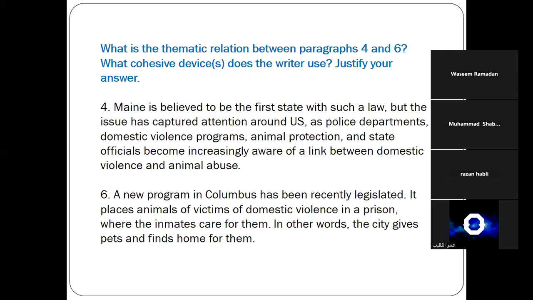A new program in Columbus has been recently legislated. It places animals of victims of domestic violence in a prison, where the inmates care for them. In other words, the city gives pets and finds homes for them. Okay. So in your opinion, first of all, let's go step by step. Paragraph 4, what does it talk about?